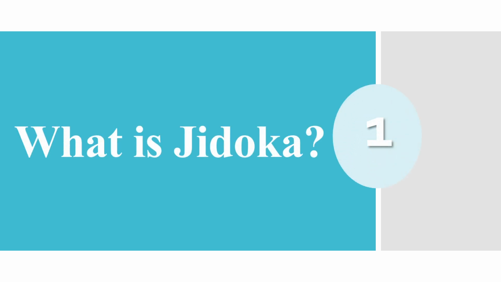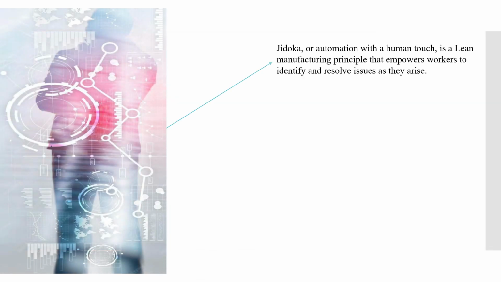So now, first let us understand what is actually meant by Jidoka. Jidoka is a Japanese term which means automation.